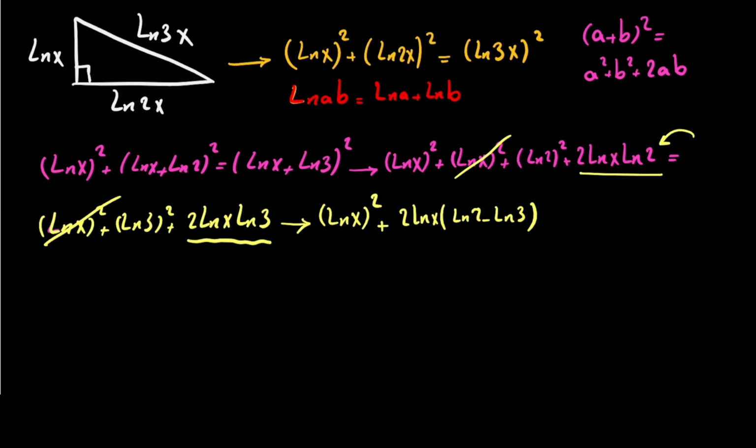We can factor 2 times ln x, so we write ln 2 minus ln 3. And here we have (ln 3)² and here we have (ln 2)², so we can write plus (ln 2)² minus (ln 3)², that's equal to 0.